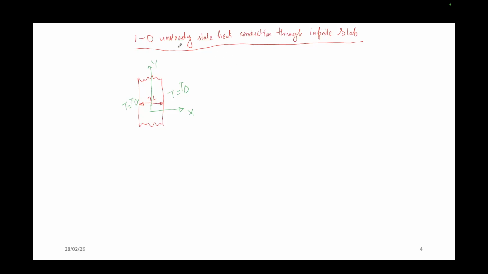As it is a 1D equation, this 1D conduction equation, you know what it is. First I consider K as constant. Why 1D? Because in the y direction, as we have already considered it infinite.